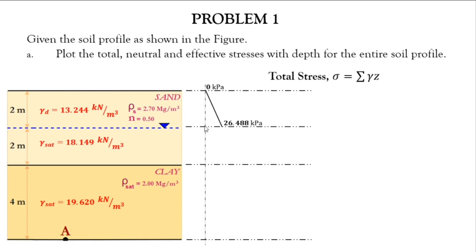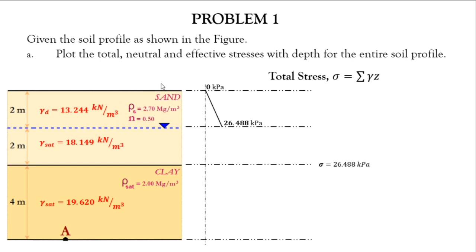So now let's continue. Let's solve the stress at point 3. Let's consider this as point 3, the interface between the sand and the clay layer. To calculate the total stress, first get the 26.488, because 26.488 is the total stress from this point upward.